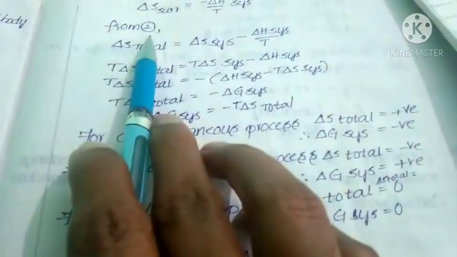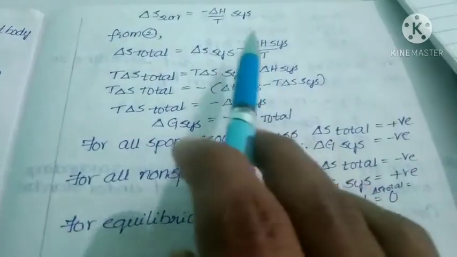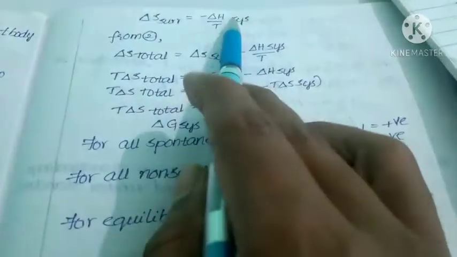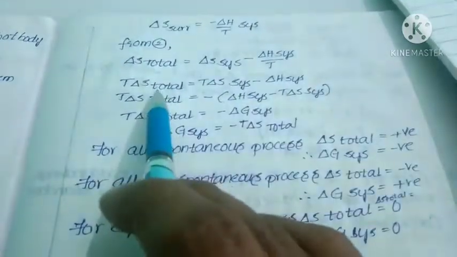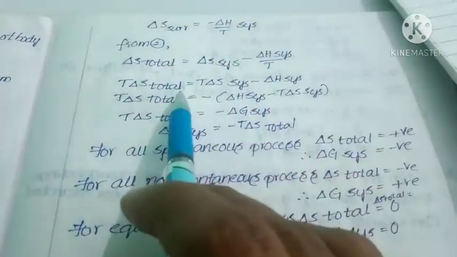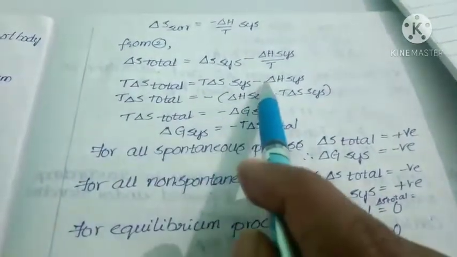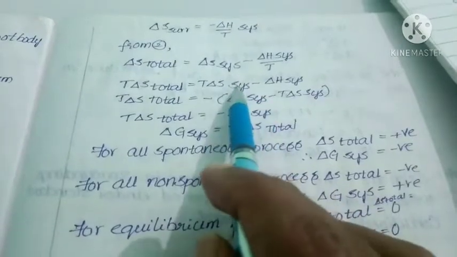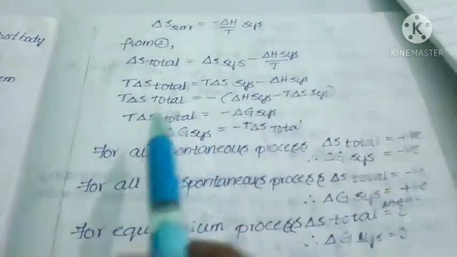From equation 2, delta S total equal to delta S system plus delta S surroundings. If you put this delta S surroundings value in this equation, then we get this equation. Then, if you take the negative sign common, we get delta H system minus T delta S system.